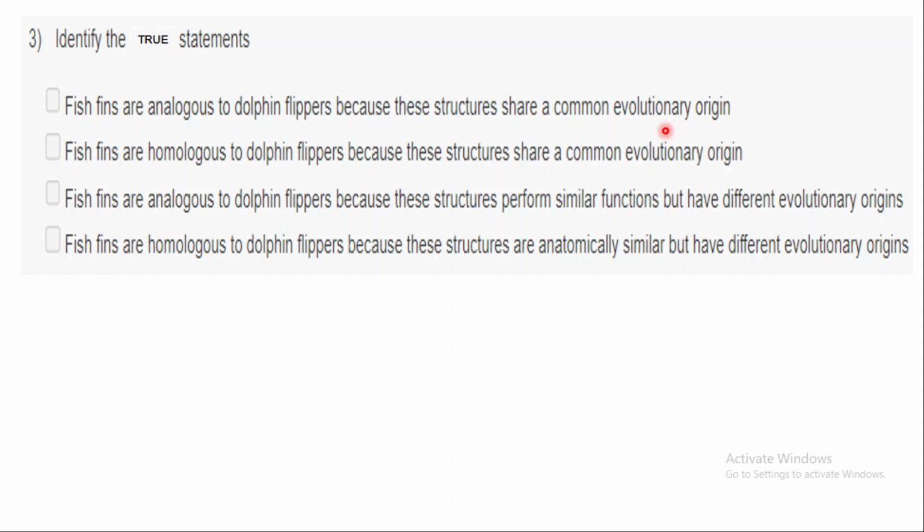Now let us put your understanding to test. Understanding on the basis of function and on the basis of ancestry and origin and body plan. Now which of these do you think is the correct answer for this question? You can mention in the chat box. Oh great, there are many answers I can see.